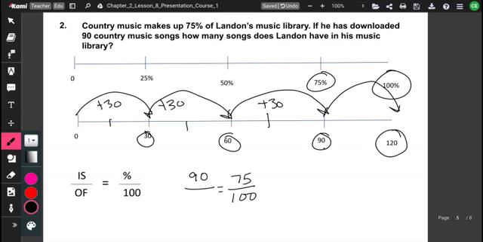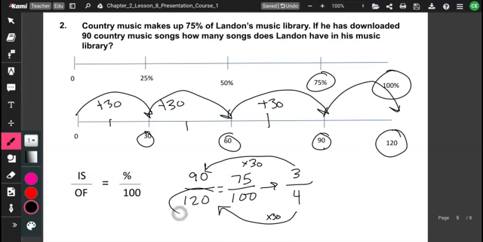We don't know how much he actually has. So first thing, like I did last problem, I'm going to simplify this. I'm going to simplify it by 25, which will give me 3 over 4. 3 is a factor of 90. So 3 times 30 is 90. I'm going to do the same thing on the bottom, multiply that by 30. 4 times 30 is 120. So again, there's our answer, 120.